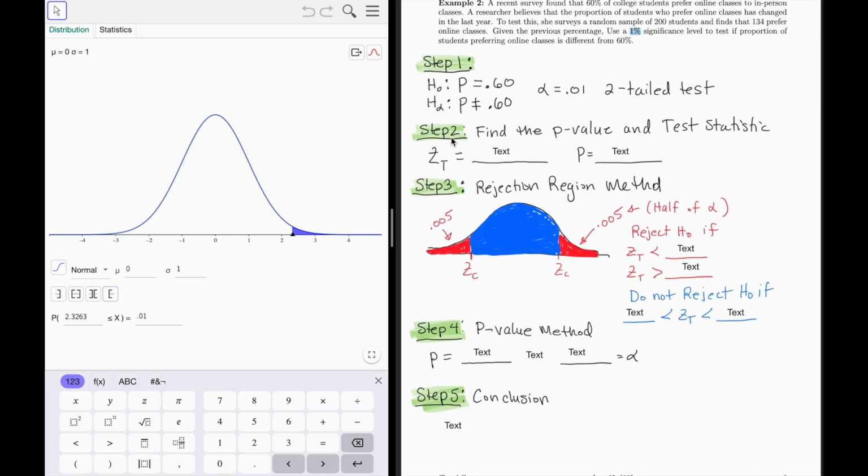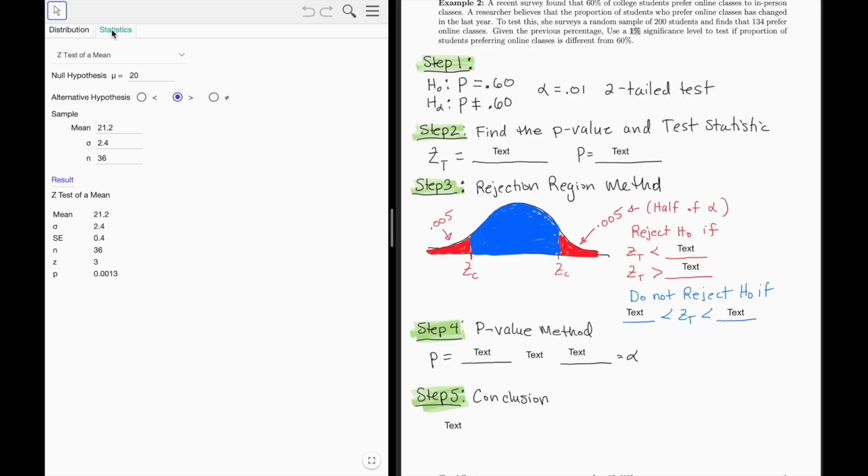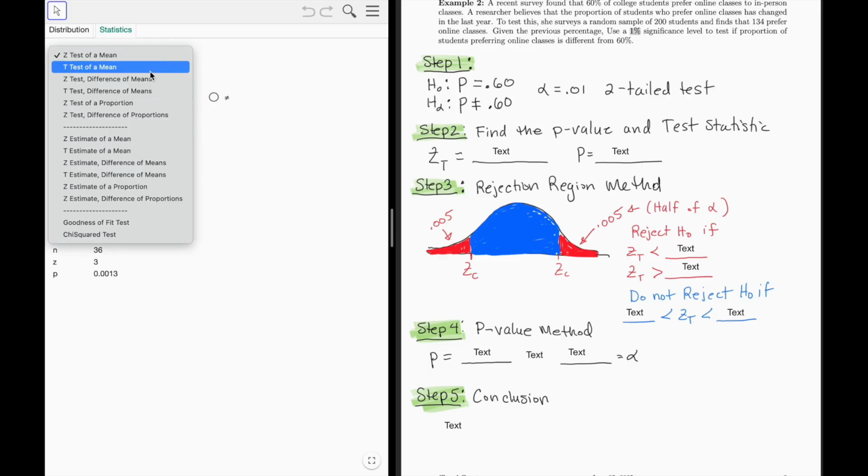Okay, so in step 2, we need to find the p-value and the test statistic. So we need to go back to hypothesis testing. So I'm going to click on the statistics tab. And we're doing a z-test for a proportion. So I'm going to come down and choose the correct test.